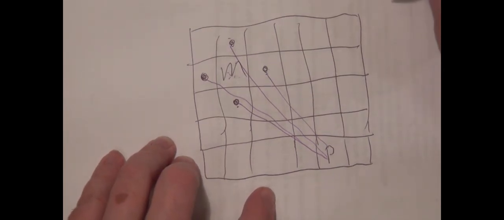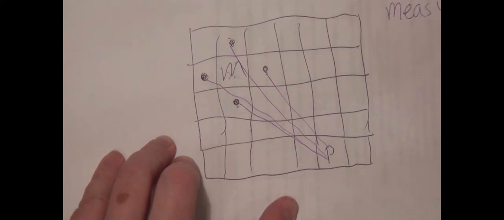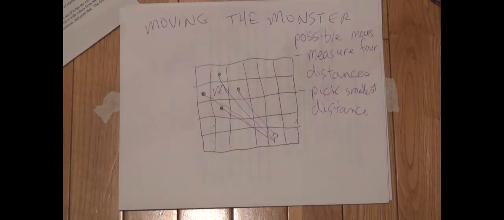We just calculated that. So we could measure 4 distances for the possible moves, and then pick the smallest one. So that's the main idea here.